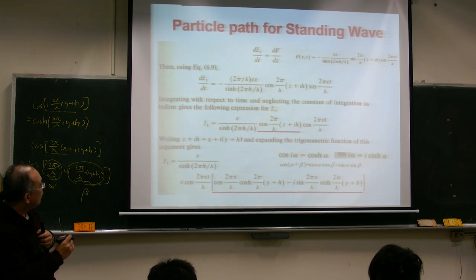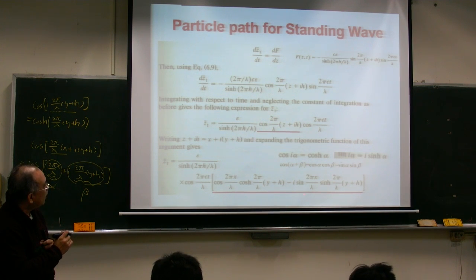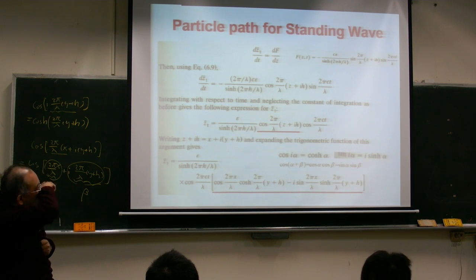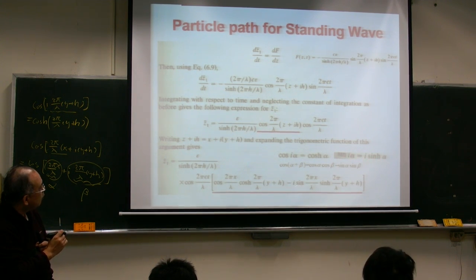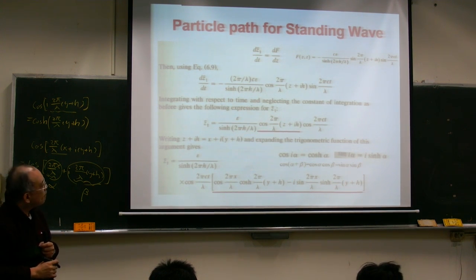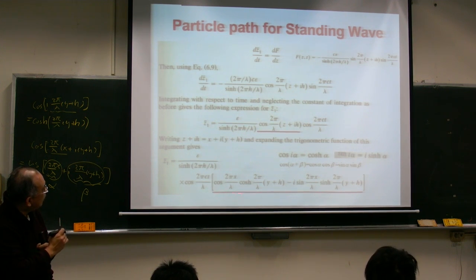Similarly for sine alpha, this is sine alpha. And then for sine beta we apply this, because the sine of i alpha is equal to i times the hypersine of alpha. So we have i here, and this is the hypersine of alpha. This term can be expanded by applying these three formulas, and you can have this.